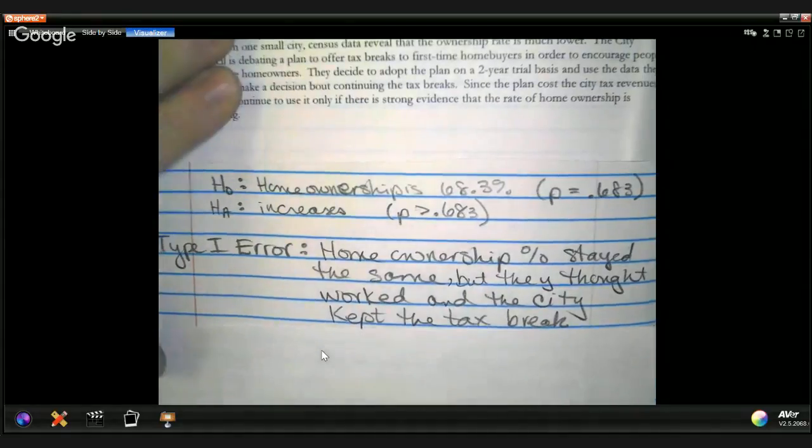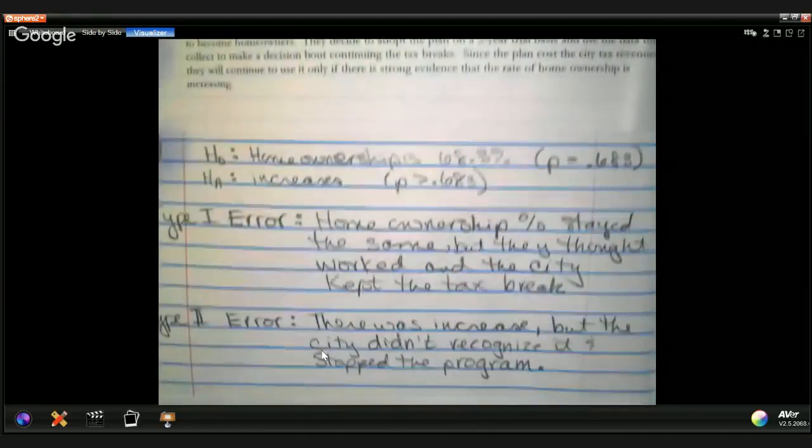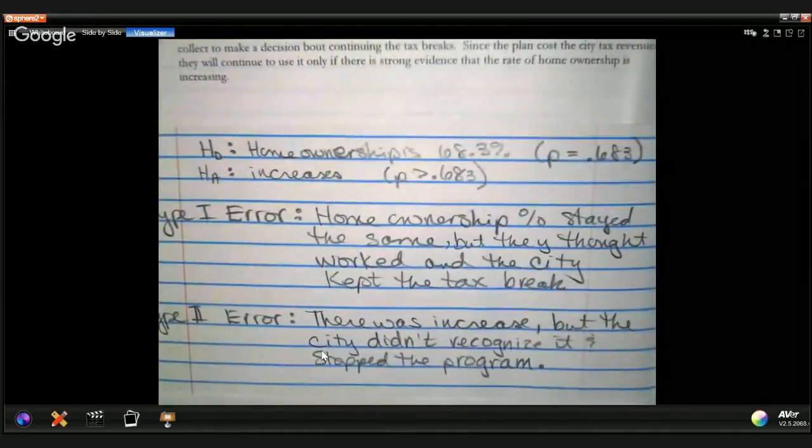On the second one, a type 2 is when there was an increase of home ownership, but nobody noticed it. And since they didn't notice the change, they stopped the tax incentive program. Both of them are bad, and you could say whichever one you thought was worse than the other. You just have to back it up.